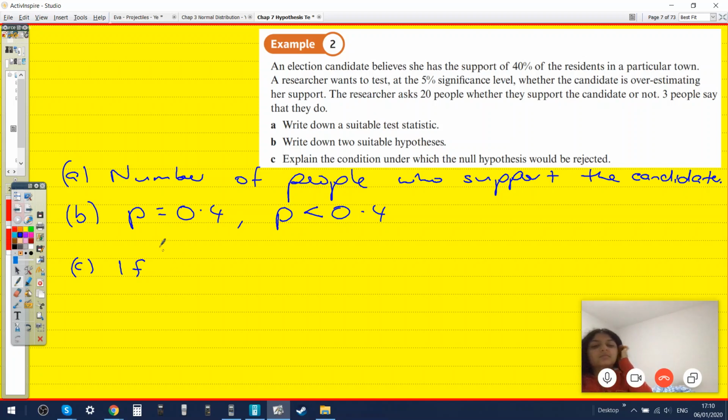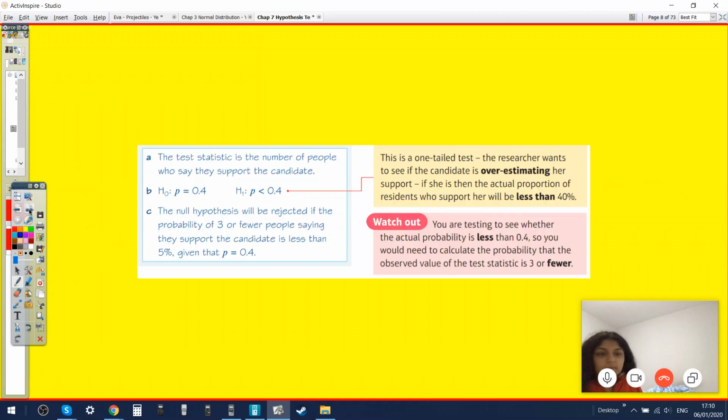So your final answer would have to be: the null hypothesis will be rejected if the probability of 3 or fewer people saying they support the candidate is less than 5%. It's basically because this is less than. Oh, that's where that comes from. And if it's greater than, then it's the other way around. When it's greater than, you have to do the 1 minus.